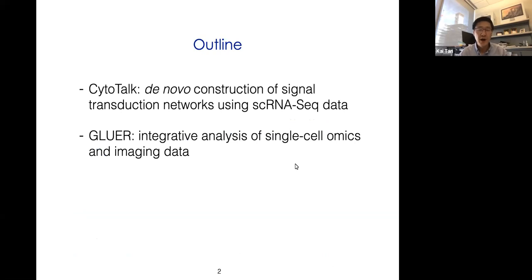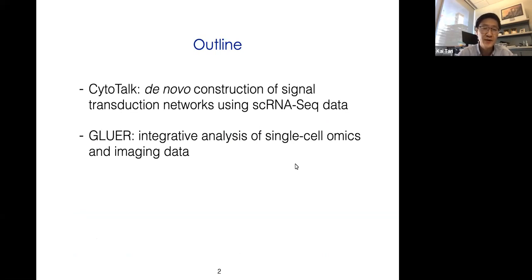Okay, so as Amit mentioned, we have some experimental work going on to try to understand the spatial omics features of heart and bone marrow and pediatric cancer. Those are still work ongoing. So today, instead, I thought I would describe two computational methods that hopefully can be useful for understanding cell-cell communication based on single-cell analysis.